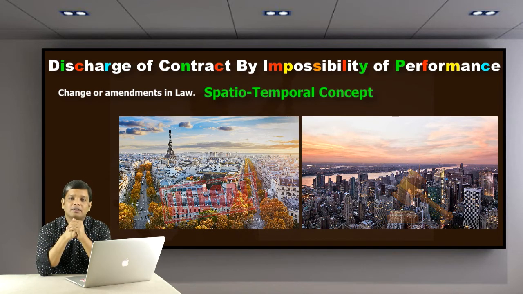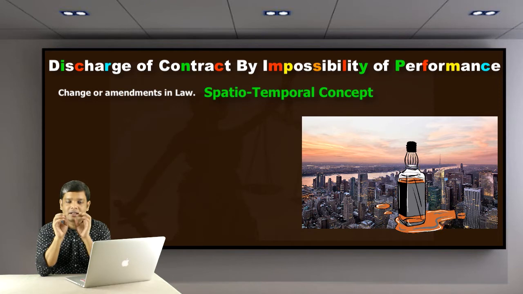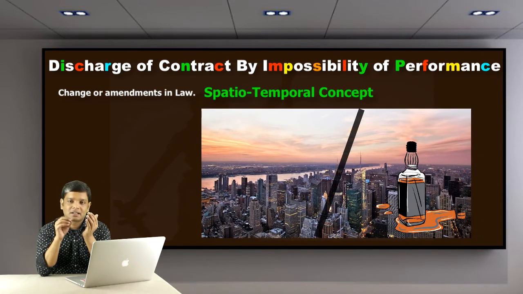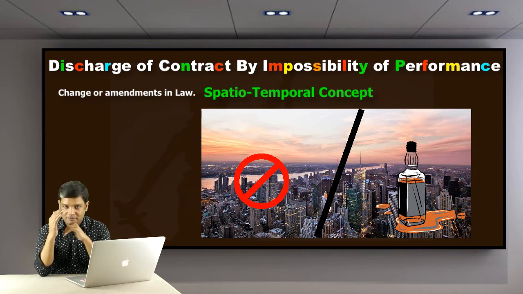Take the example of alcohol. In India, in certain states, it is allowed to drink and do the business of alcohol. But in certain states, it is prohibited. So, at the same time, at two different places, there are two different laws.